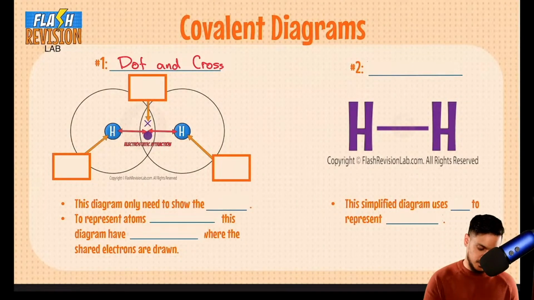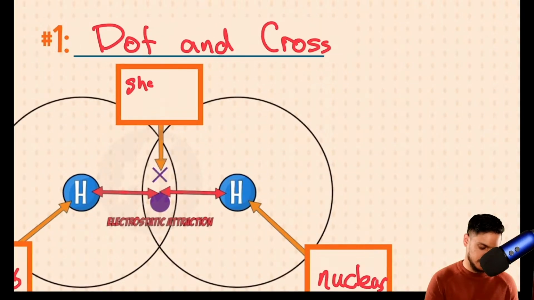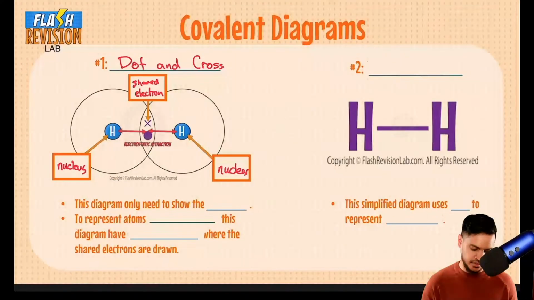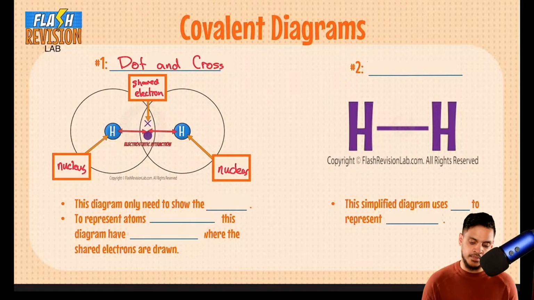So these 2 are the nuclei. That's one hydrogen nucleus, that's another hydrogen nucleus. And up above, we've got the shared electron.